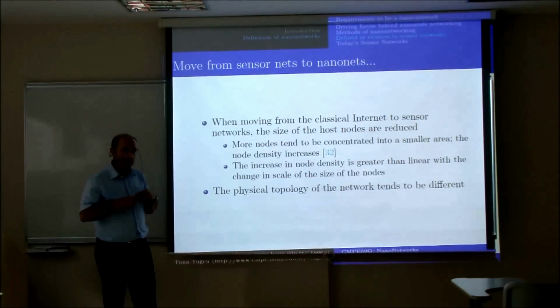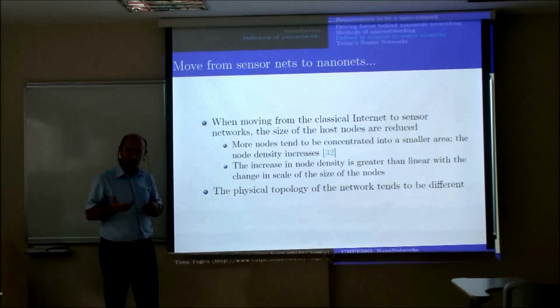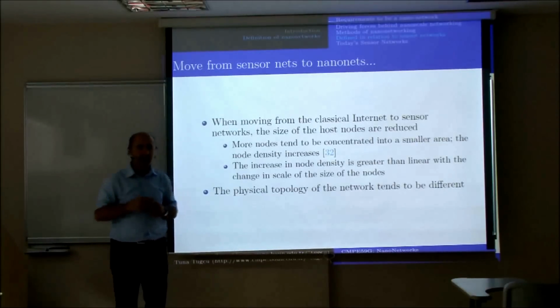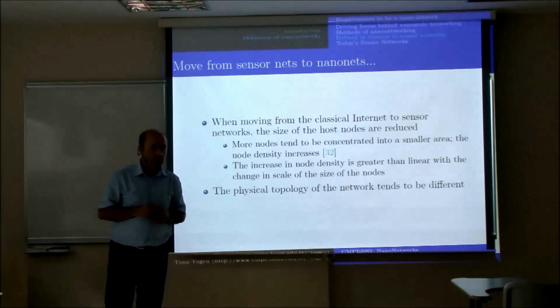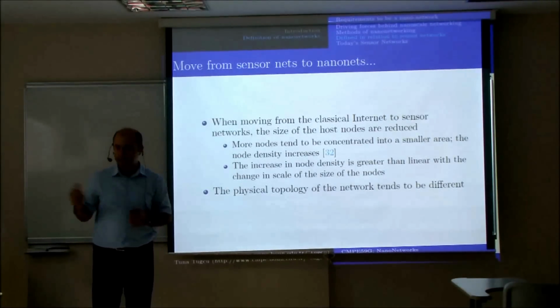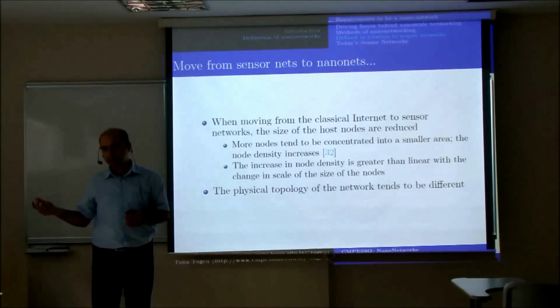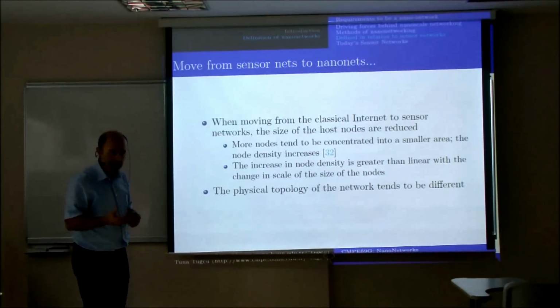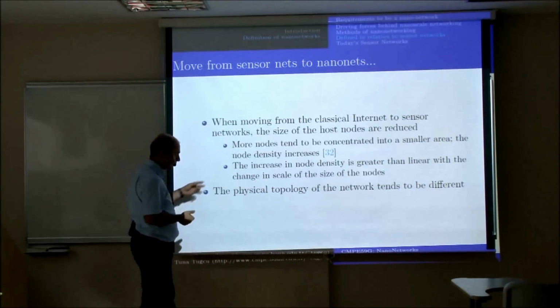If you have more nodes in an area, it's easier to sense. It's more probable that you will find the element you're sensing for. Also, you will find some neighbors to communicate with. But the problem is that you have so many neighbors that, for example, medium access will be a trouble, or you will have too much interference. You have to cope with these.